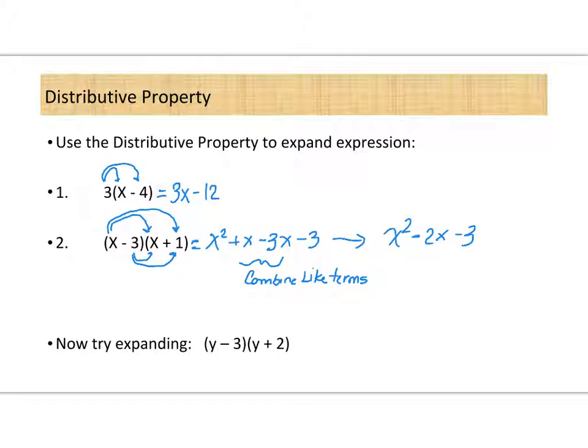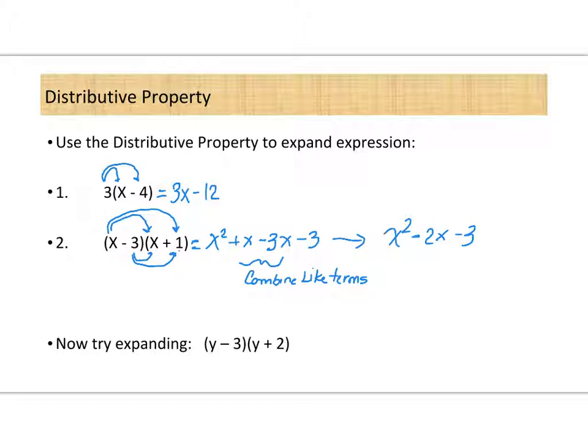We're going to now expand that idea of the distributive property to something called FOIL, which is first, inner, outer, last. And here with the distributive property, I use the first term in the first set of expressions times the first term in the second set of expressions, and then I use the first term times the last term in the last expression, and so forth.